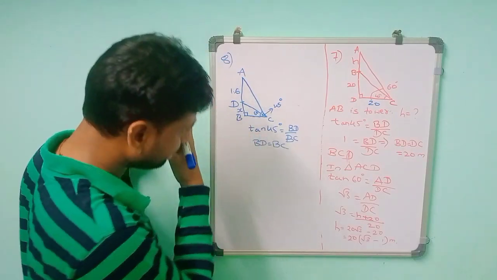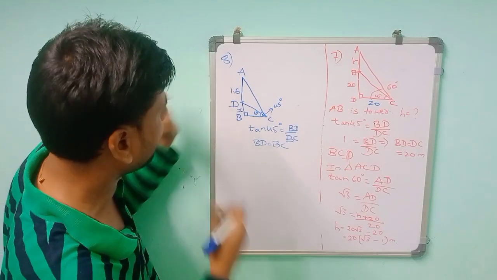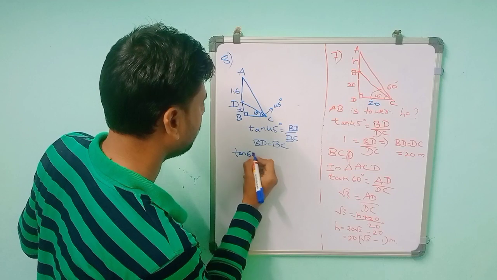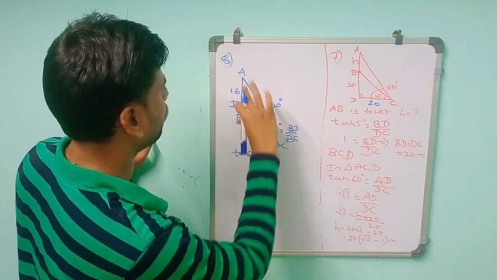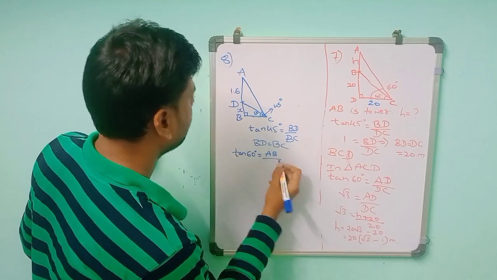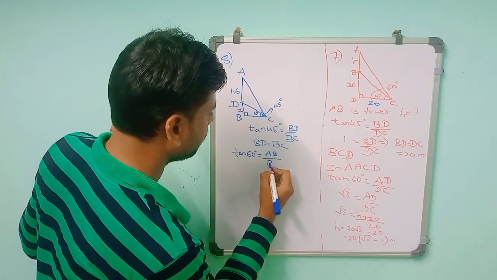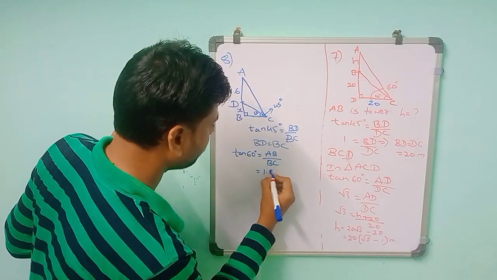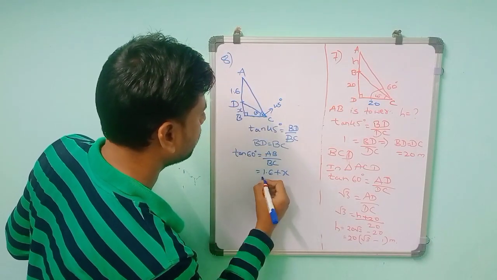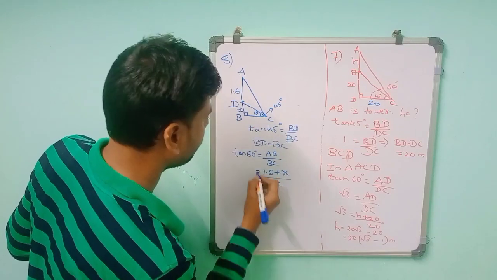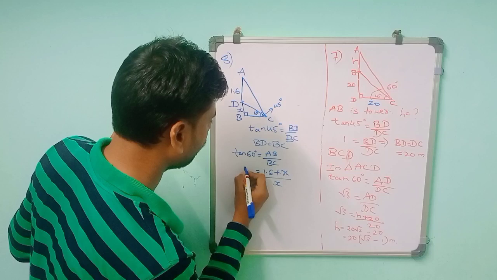So for that, we know this side. If you take tan 60, that is tan 60 is equal to AB by BC, because opposite over adjacent. So this will be AB, which is 1.6 plus H, divided by BC, which is the same as BD. So tan 60 is root 3.